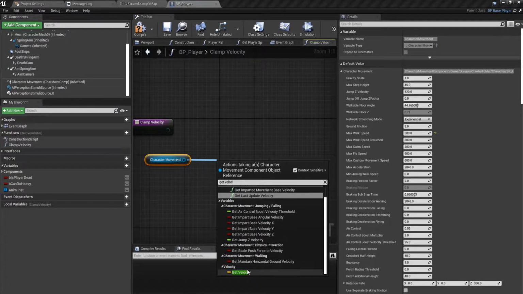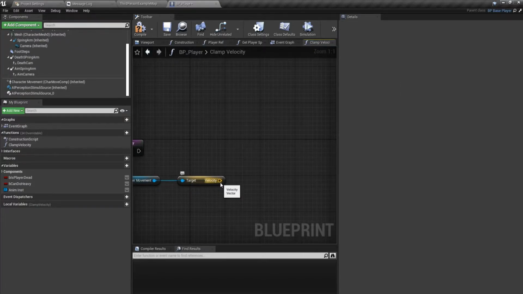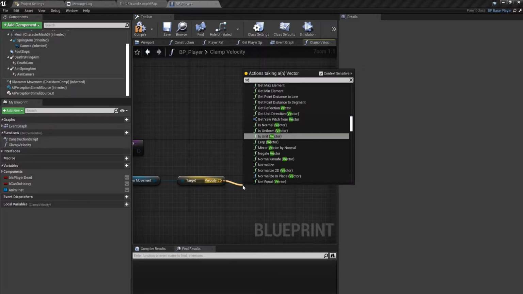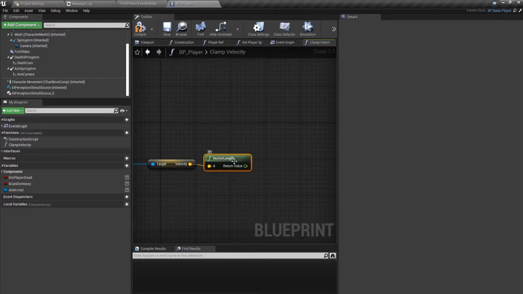From here we'll get velocity itself, and then we have to check for the vector length. What this does is it gives the total velocity as a float instead of giving the values in each axis of the xyz. So it just adds them up and gives us the length in all possible directions.